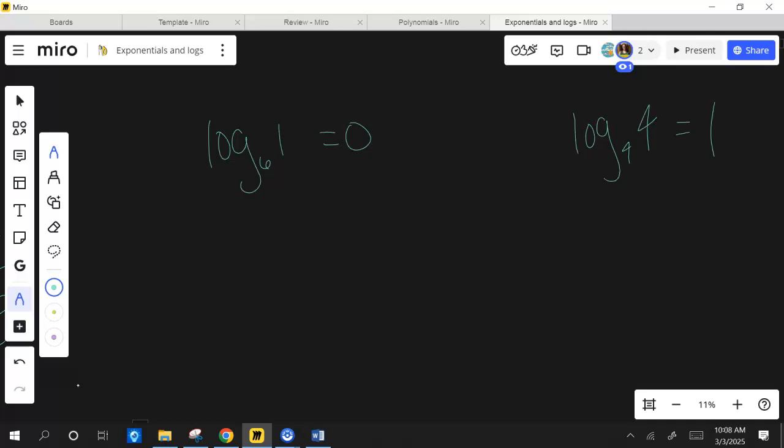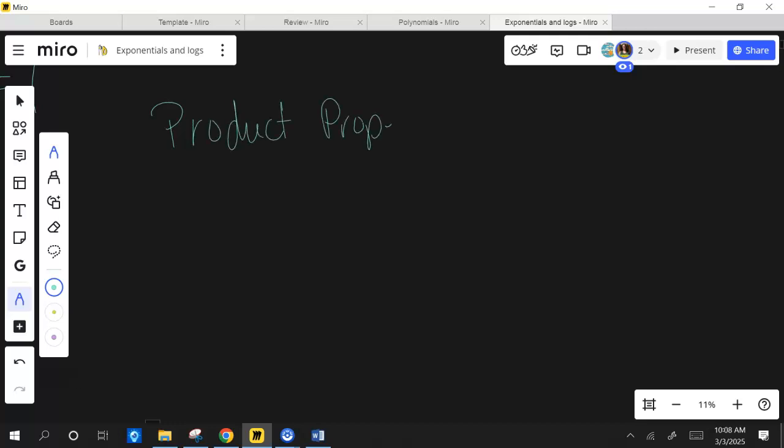All right, let's look at the first property, product property. If you remember that logs are exponents, then the properties we're going to run through are going to make a little more sense, okay? Product property, if I am multiplying with the same base, okay? Now look, this has to do with the bases being hooked to the log this way.